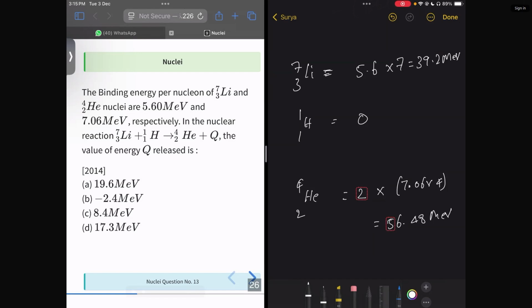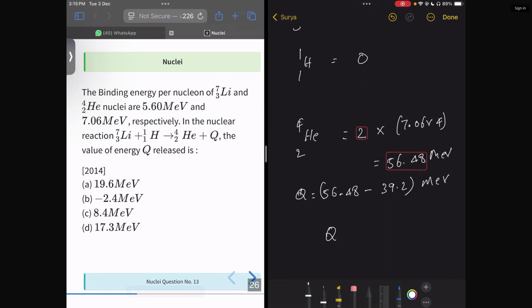So the Q is calculated as 56.48 minus 39.2 million electron volts. This is the energy released. So Q is equal to 17.28 million electron volts. So option D is the right answer.